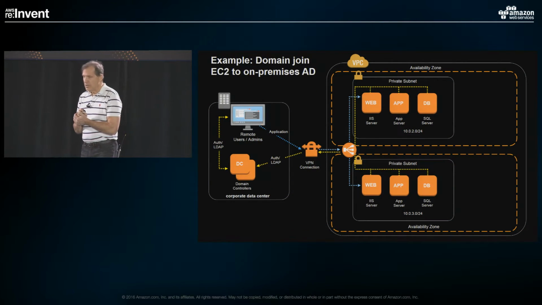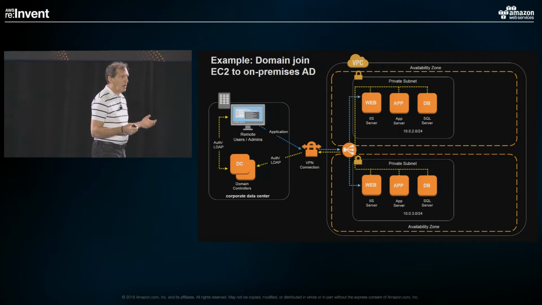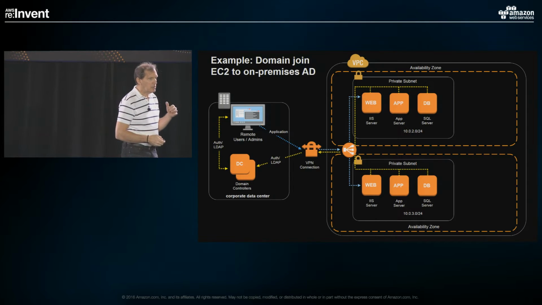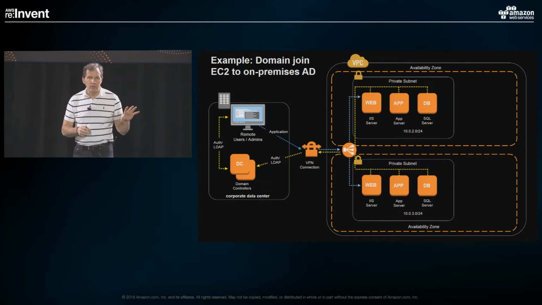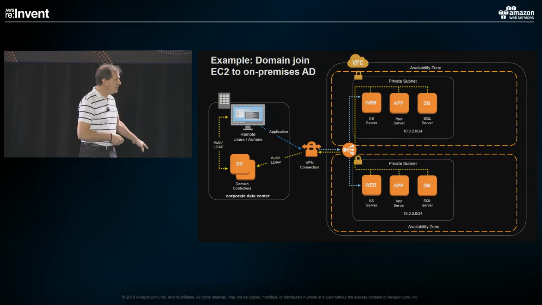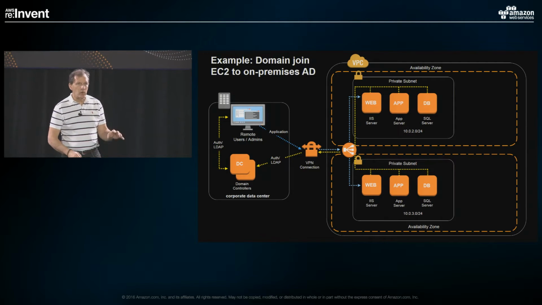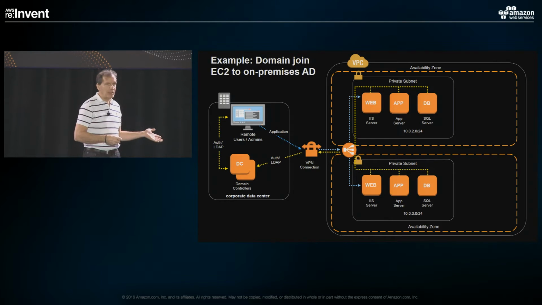So the first option that I mentioned was running an Active Directory environment in your on-premises network and joining the EC2 instances to your on-premises network. In this situation, you have domain controllers that are sitting in your corporate network here on the far left side, and your workstations and computers that are in your environment are domain joined to that.